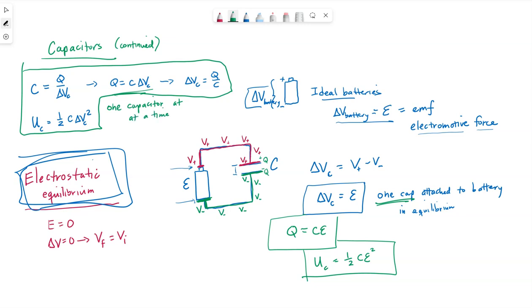I can use them for capacitor 1, capacitor 2, and capacitor 3. That's fine, but they relate to that specific capacitor I'm talking about. So what we just looked at is a single capacitor connected to a battery.